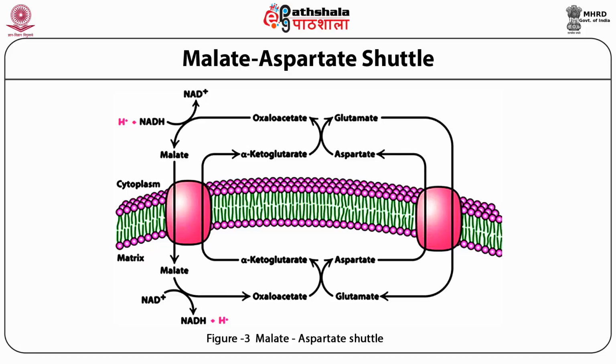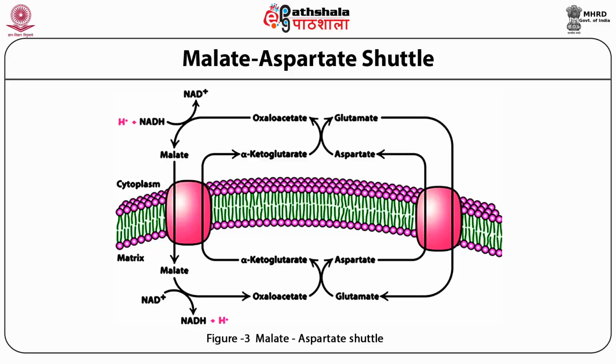These electrons enter the electron transport chain of the mitochondria via reducing equivalents to generate ATP. If you see the mechanism of the malate-aspartate shuttle, the primary enzyme is malate dehydrogenase.